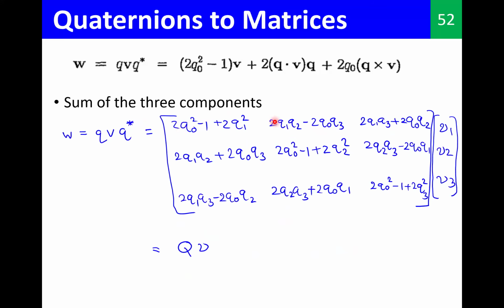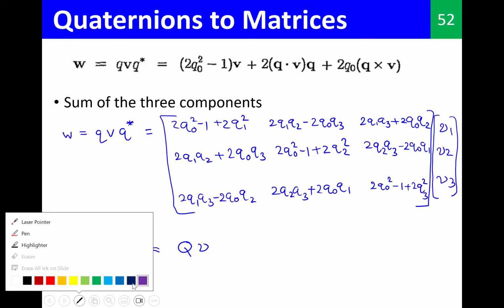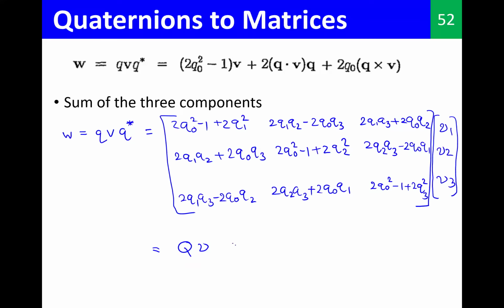I just add all these to create this huge matrix times V1, V2, V3. So this is like some matrix times V, and V is the vector I wanted to rotate. Basically, this is equal to some rotation matrix times V. So how do I create the rotation matrix?